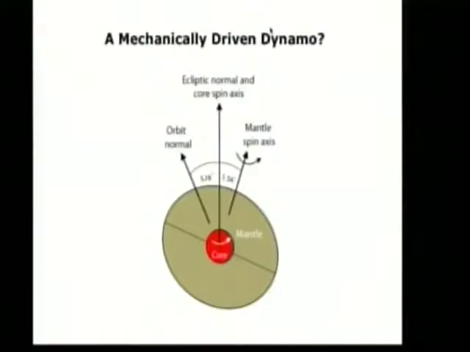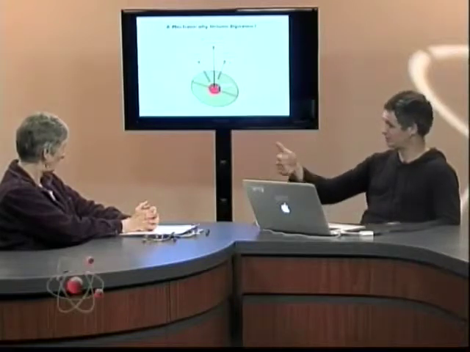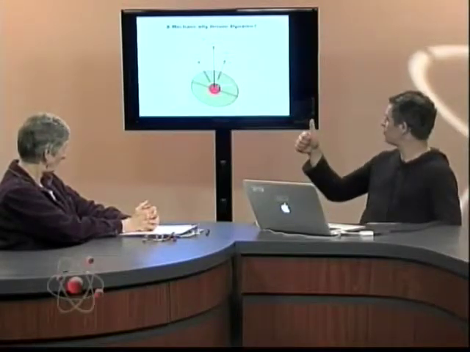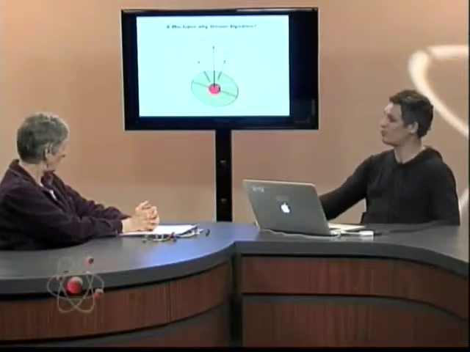Right, okay. And so what's happening is that the mantle, the hard part of the outside of the moon, is actually moving with respect to the liquid core. So if that's rapid enough, then again that will stir up the core. Because the mantle is moving with respect to it. And this was much more extreme early in lunar history. When the moon was closer to the Earth, this was the angle between them, which is today only 1.5 degrees.